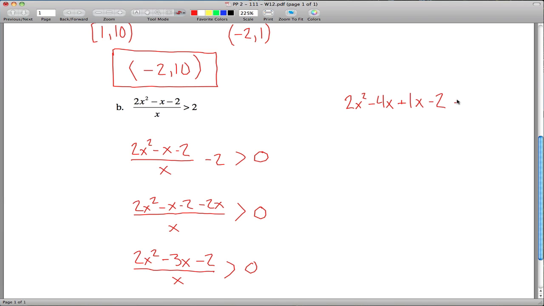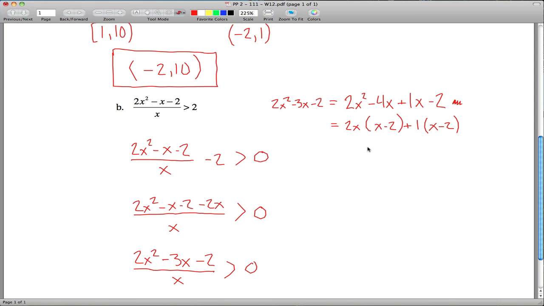So maybe this is kind of an off to the side. Let's see, how can I write this? 2x squared minus 3x minus 2 equals this, which is equal to, we could factor out a 2x from here and get x minus 2. And then you don't have to take anything out of here. We already have x minus 2. So if you want, you can think about it as pulling out a 1.